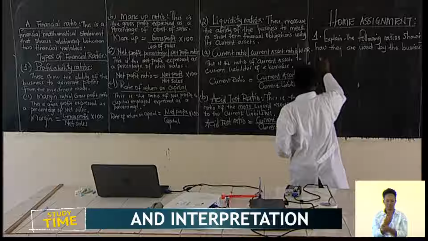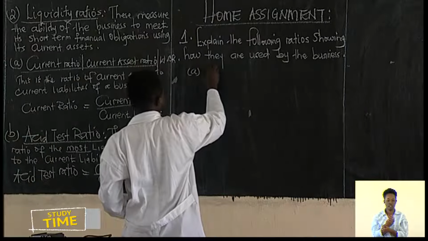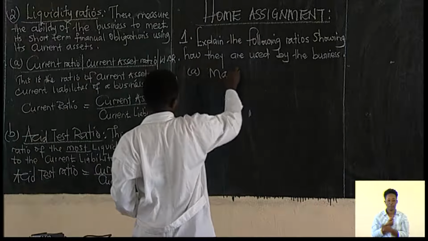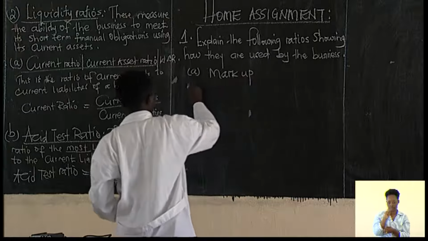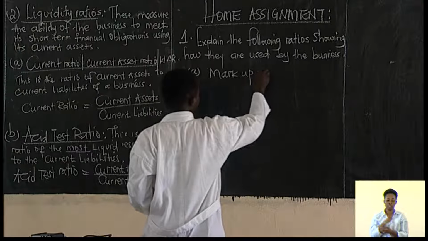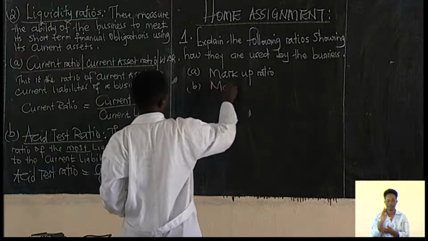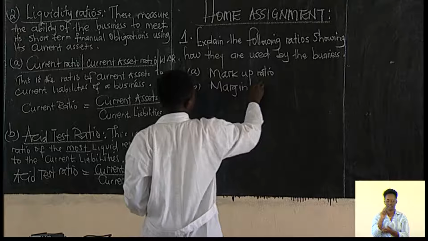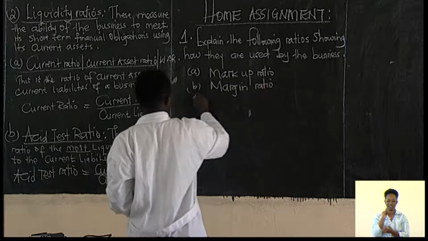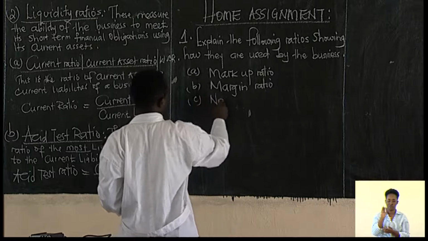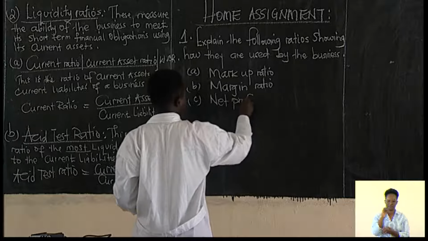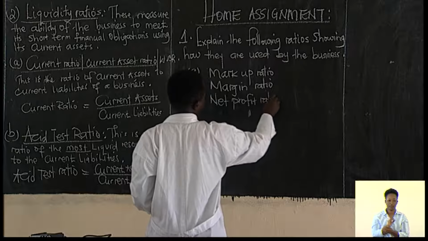So part A, we have the markup ratio, the margin ratio or the gross profit ratio. Talk about the net profit ratio.